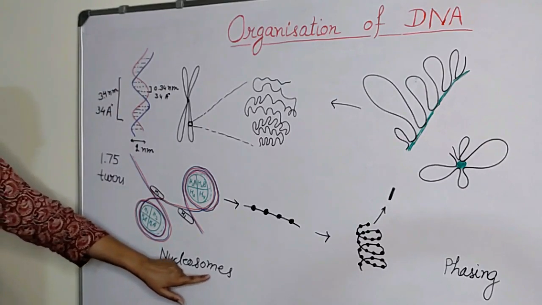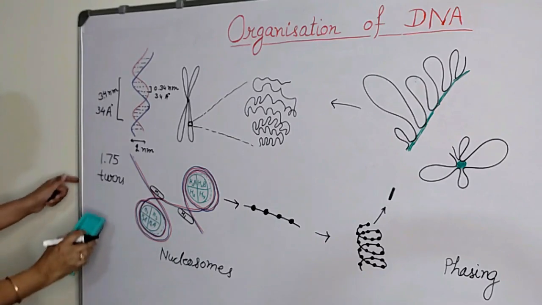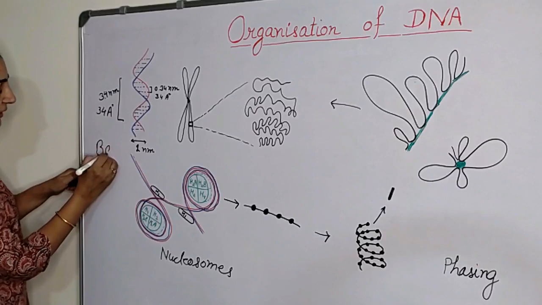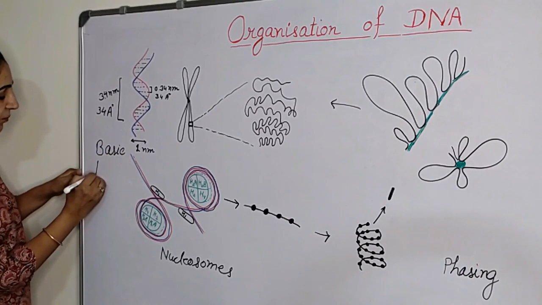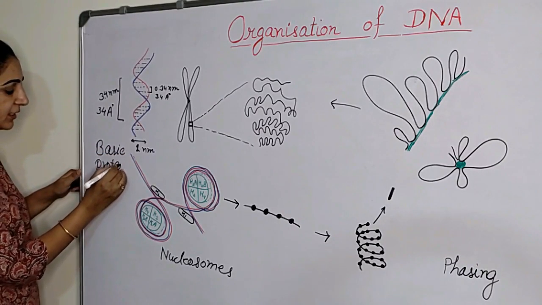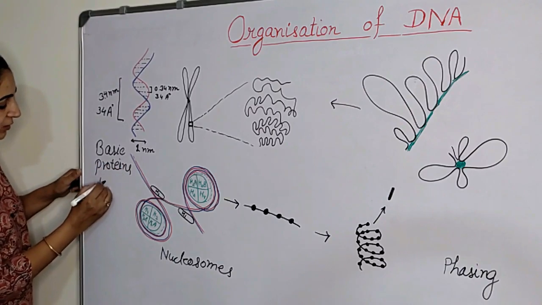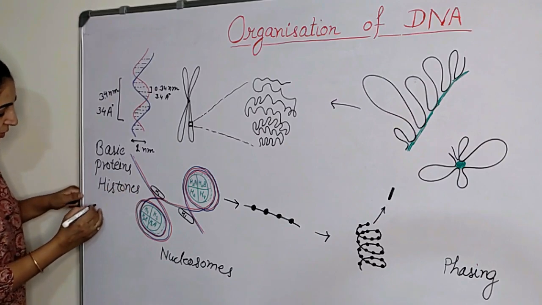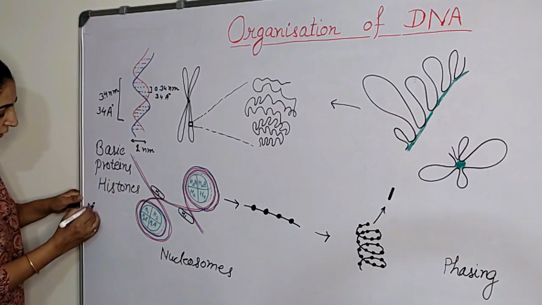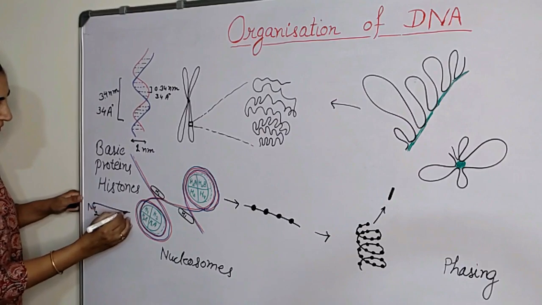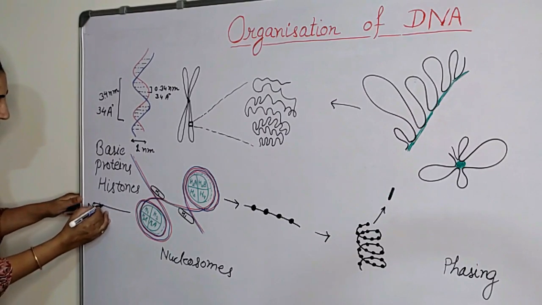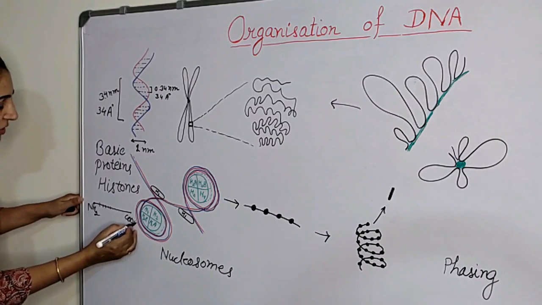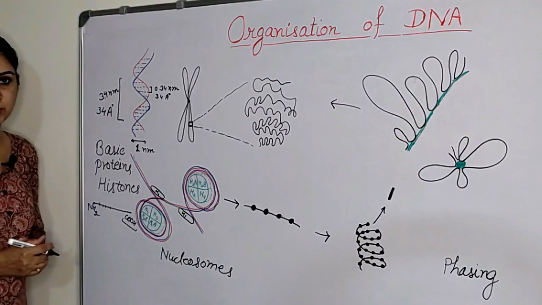So let's see what are the nucleosomes. Nucleosomes have basic proteins in the center. So what are these basic proteins? These are called histones. Why are these called basic proteins? Because the amino end of all these proteins has so many basic amino acids, and the carboxylic end generally has hydrophobic amino acids.